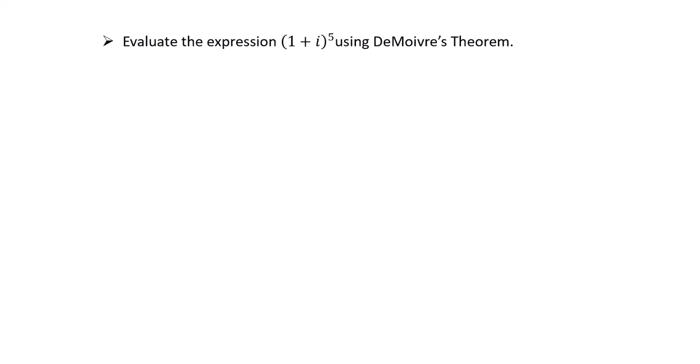Evaluate the expression 1 plus i to the fifth using de Moivre's theorem. Recall that de Moivre's theorem says that z to the n is equal to r to the n times the cosine of n times theta plus i sine of n times theta.